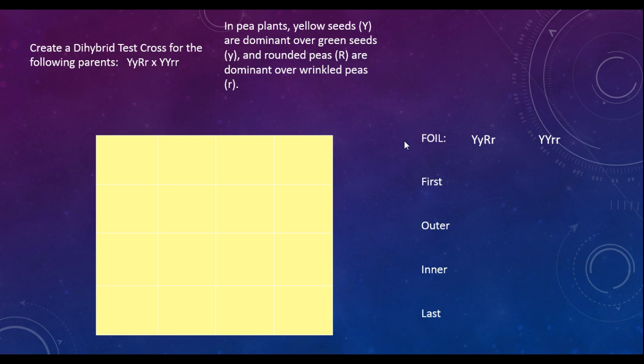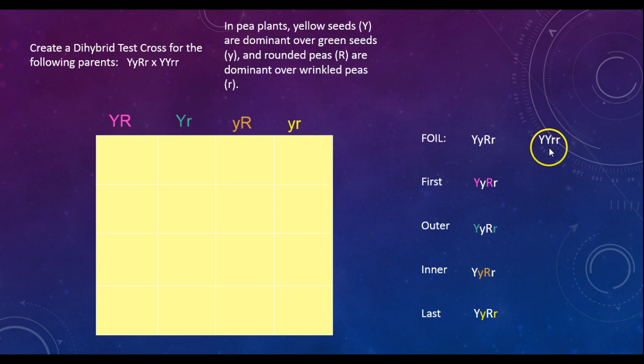And remember, we're looking at the different allelic gamete combinations that we could have here. So first stands for the first Y and the first R, and we'll put it up top. Outer is the outside Y, the outside R. Inner, the inside Y, the inside R. And last, the last Y and the last R. And we put those all up here.